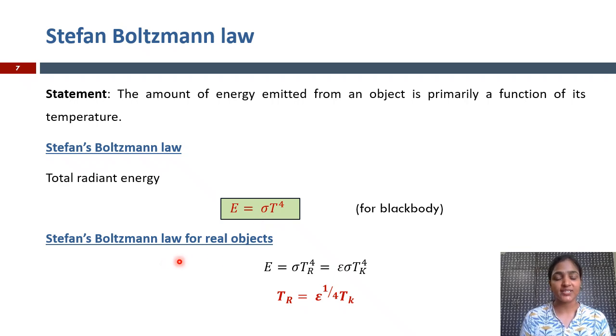Now, for real objects, we relate it in this manner, where energy is directly proportional to the fourth power of the temperature of real objects, which is also equal to the product of emissivity, the Stefan-Boltzmann constant, and the fourth power of kinetic temperature.